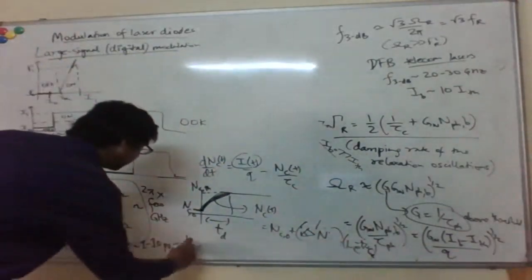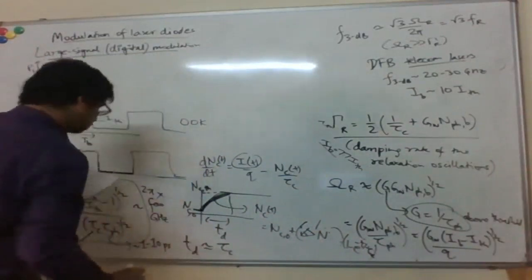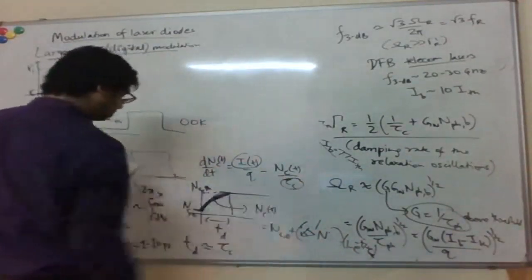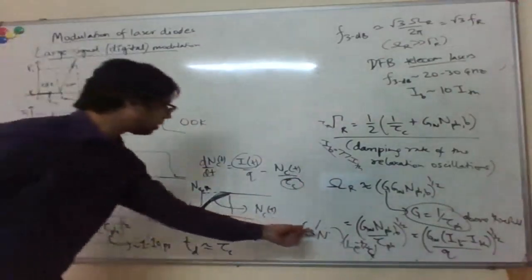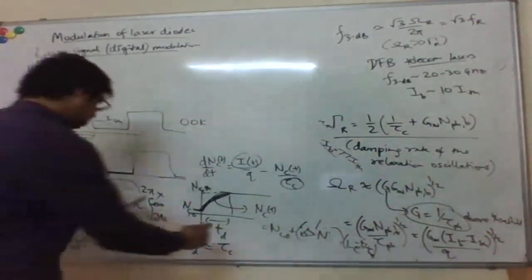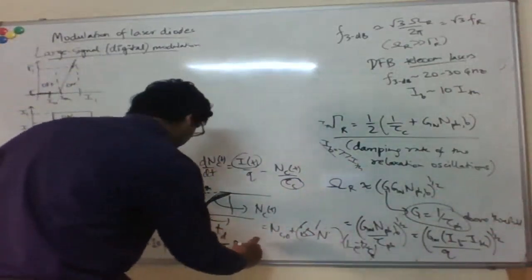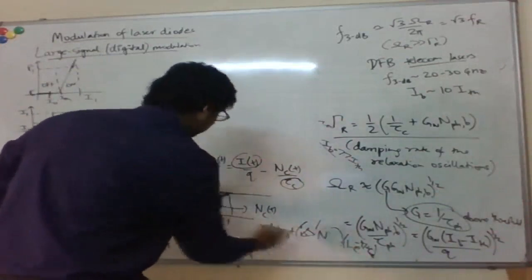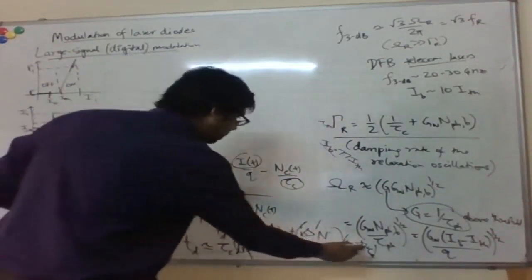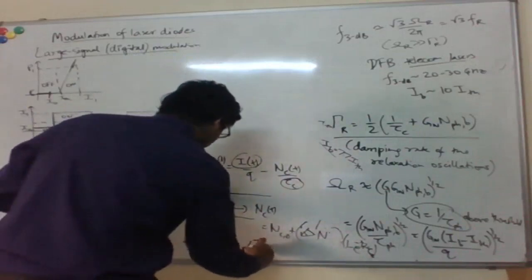So this td comes out to be, of course, dependent on the carrier lifetime, and it depends on the current step that you give, the difference of I1 and I0. The dependence is something like a log, because you have an exponential rise here, so if you calculate the time, that depends on the log of the current.